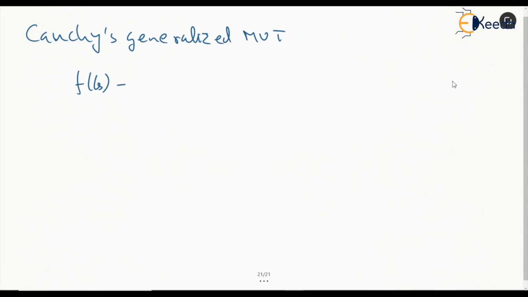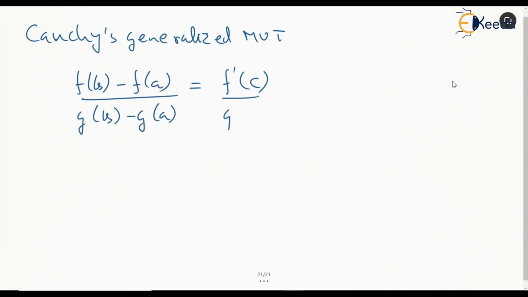Also, although we may not come across questions on this, there is also one more mean value theorem, Cauchy's generalized mean value theorem. I'm not going into detail, but I'm just writing the expression that f of b minus f of a divided by g of b minus g of a will be f dash of c divided by g dash of c.